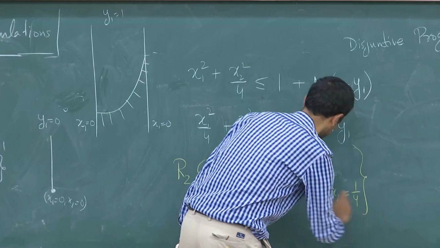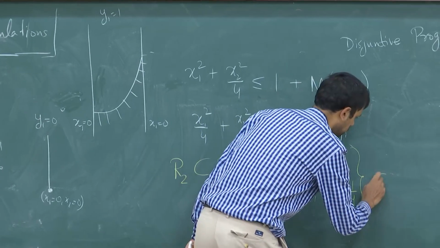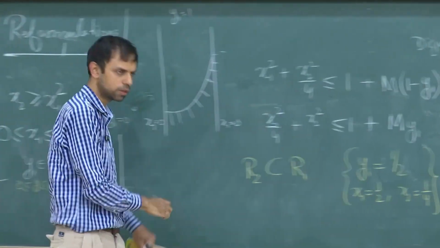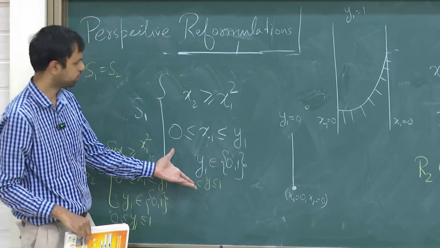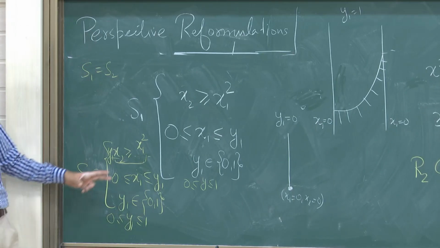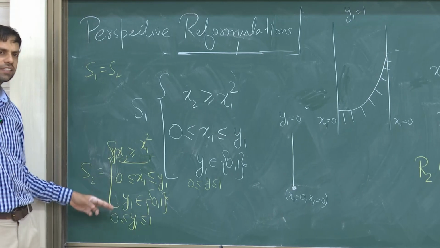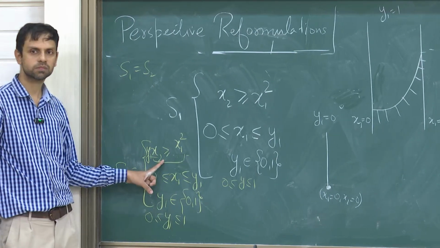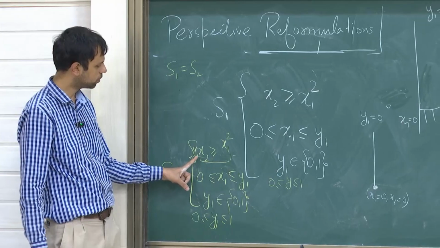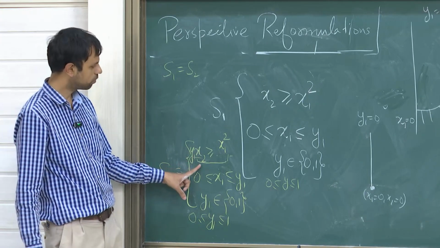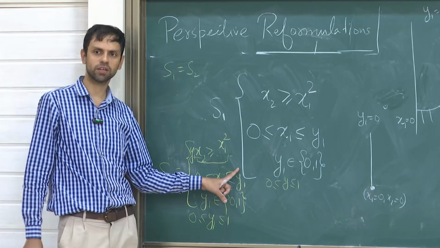Okay, so this point belongs to R1. This is a feasible point when y is allowed to be fractional. Does it satisfy these constraints here? This is not satisfied because this side becomes 1 by 8 while this is 1 by 4.